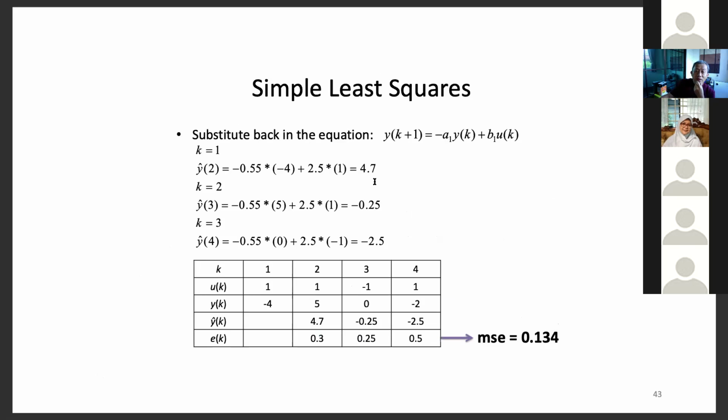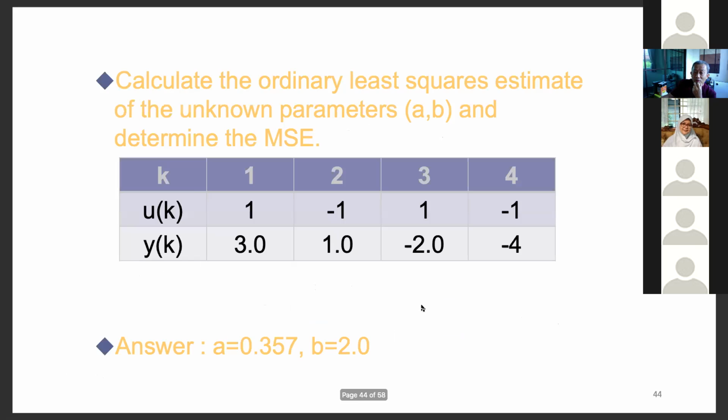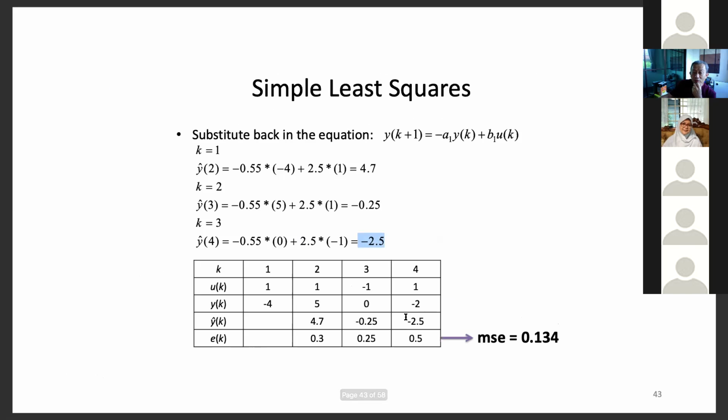Then you get the value 4.7, you insert here, minus 0.25, and then minus 2.5 you get here. Then the error will be the difference between 5 and 4.7, 0.3, the difference between 0 and minus 0.25, 0.25, and the difference is 0.5.